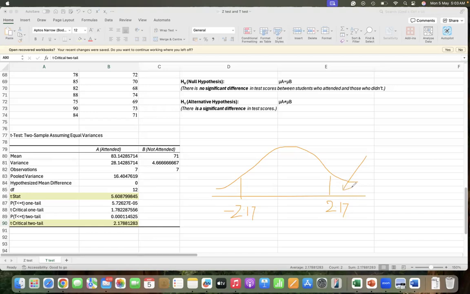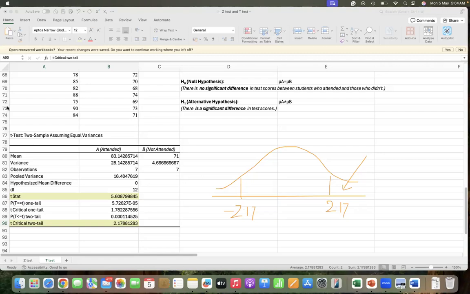So reject किसको करना है? Null hypothesis को. The null hypothesis was saying that there is no difference in test scores between students who attended and those who did not. That means we have sufficient evidence to say that revision sessions have an effect on the performance of students or on the scores of students.